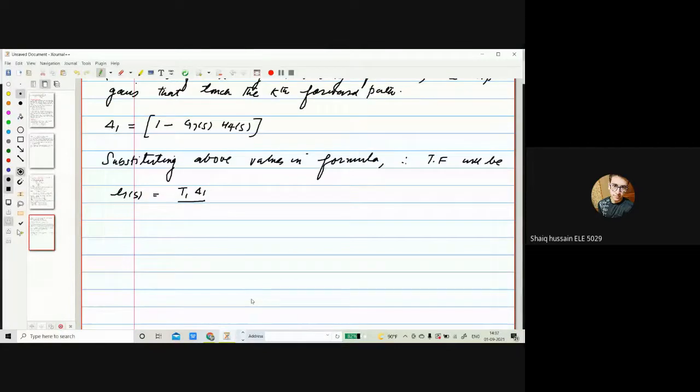Yes sir. Now the formula becomes T1 delta 1. Why? Because there is only one forward path represented by T1. Delta 1 is only 1 divided by delta. So you can just directly substitute these values.